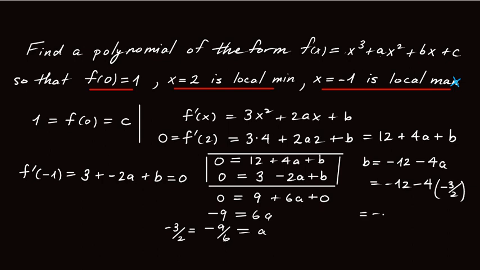So that's equal to minus 12 plus, and then I have 4 divided by 2 is 2, so that's plus 6. Minus 4 times minus 3/2 is plus 6. So that gives me a minus 6. So that's b. So altogether, a is minus 3/2, and b is equal to minus 6.